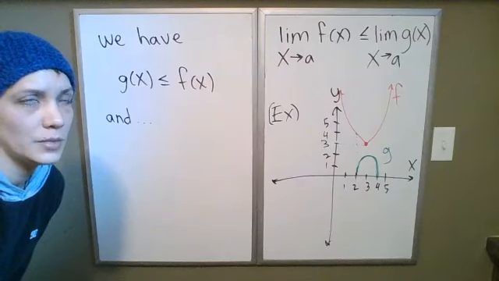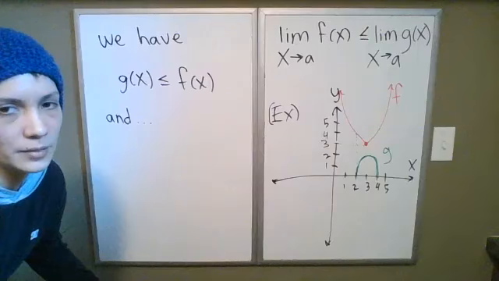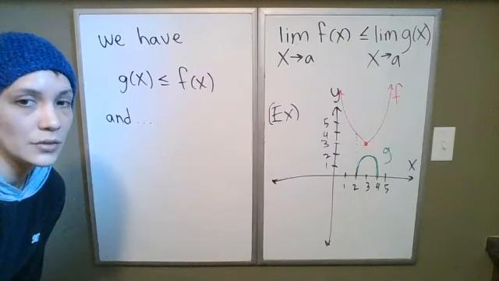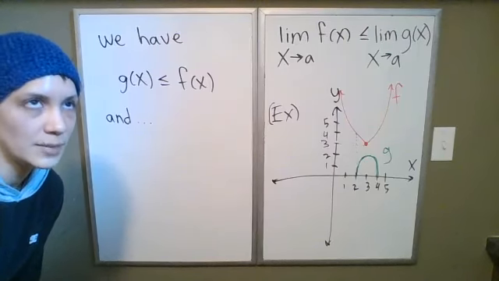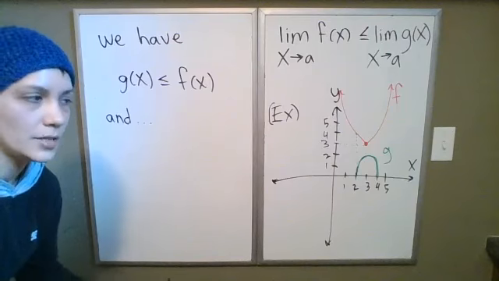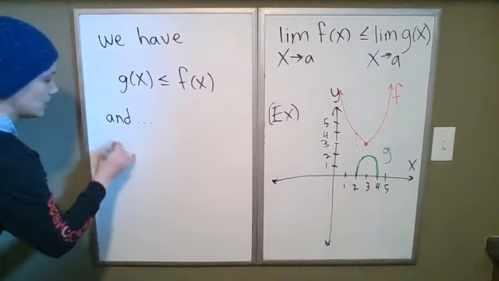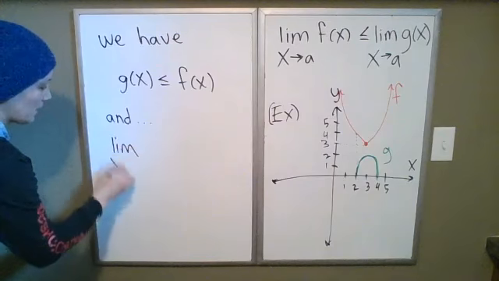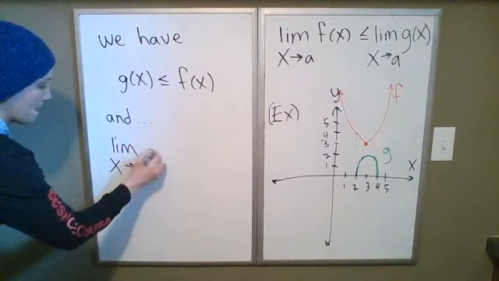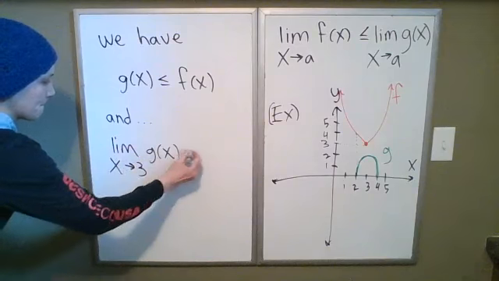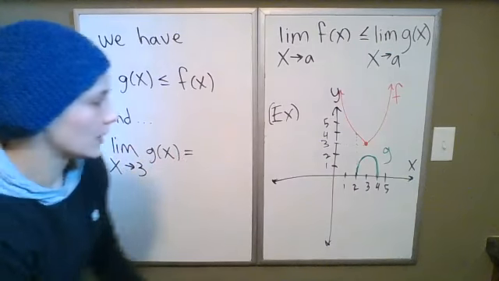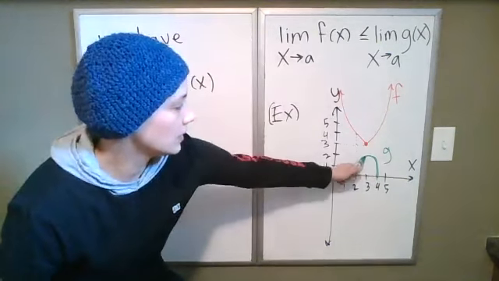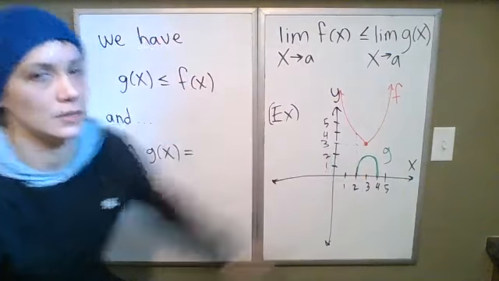I could do a bunch of examples. I'm going to just do one for now. We're going to have x go to 3. So the limit as x goes to 3 of g of x is going to be 2.